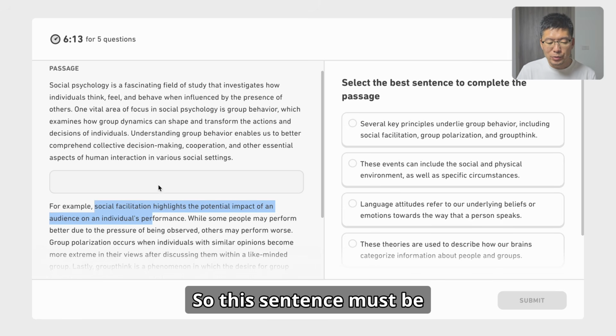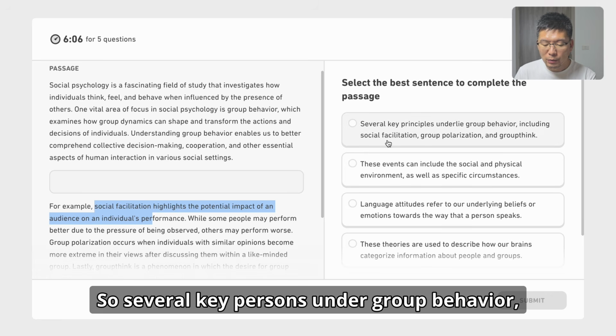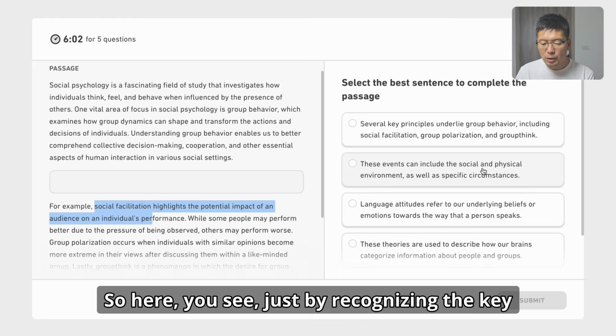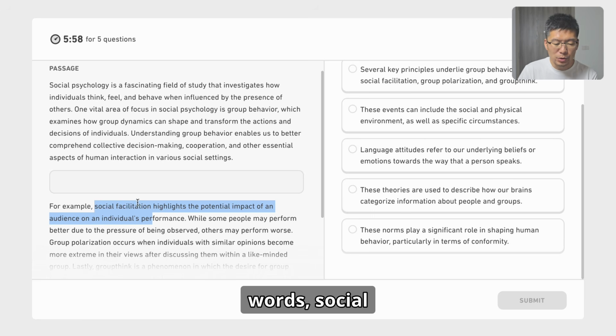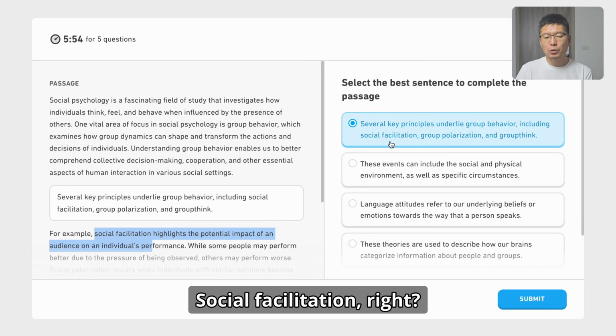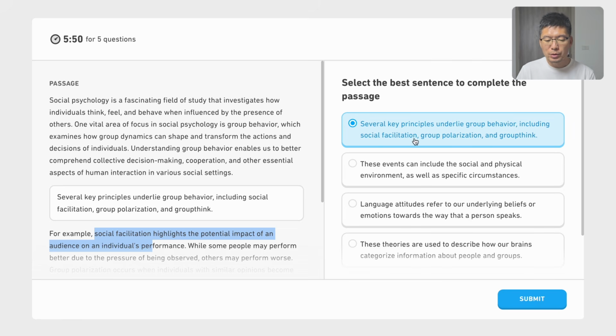So this sentence must be something about social facilitation. Several key principles under group behavior, including social facilitation. So here, just by recognizing the keywords, social facilitation, I know it's this answer. You don't need to know every word, okay? Just know the keyword.